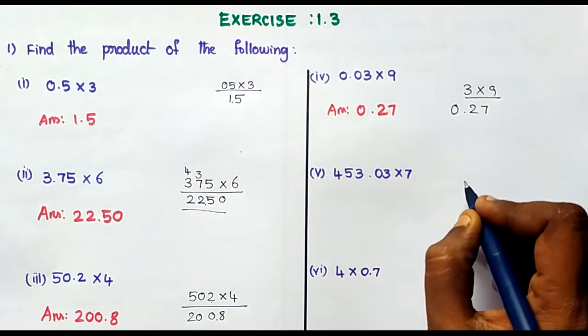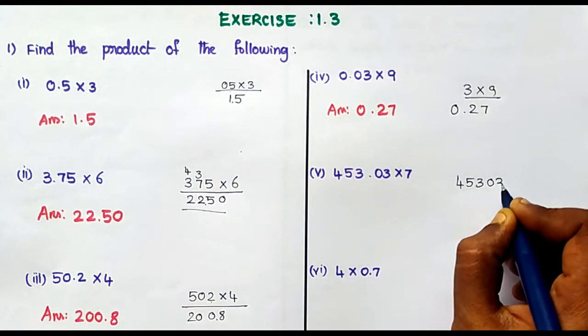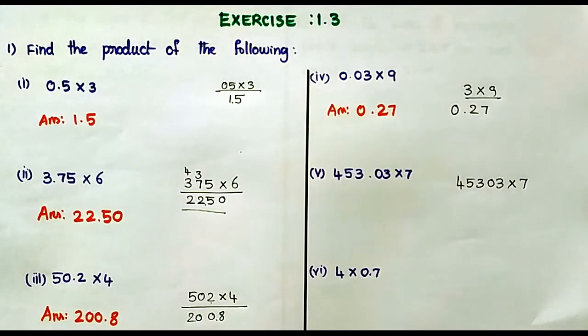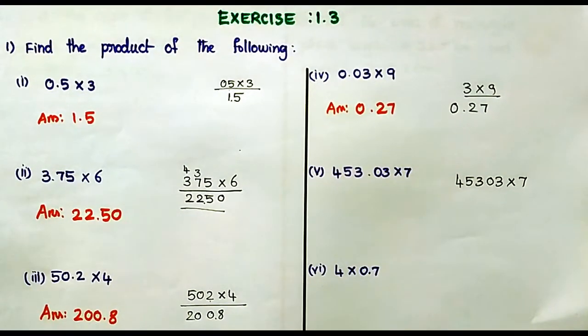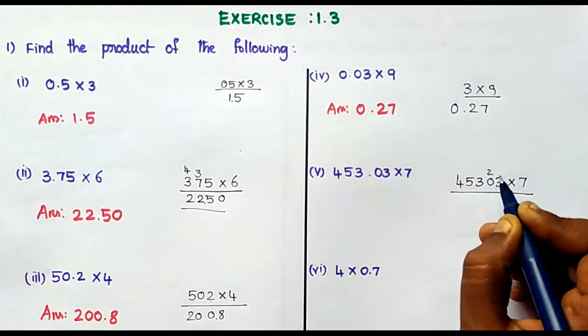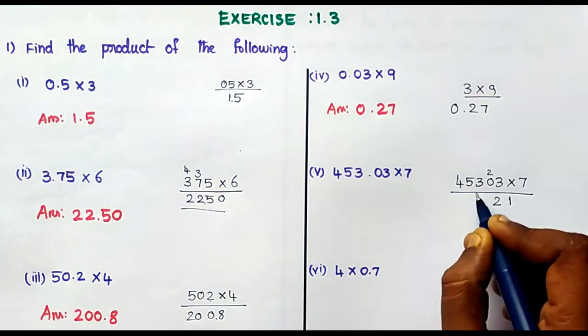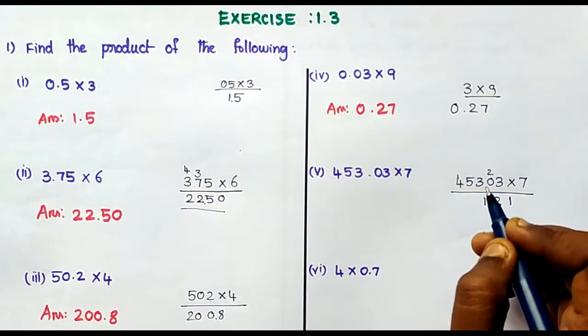Next one, 453.03 into 7. Write down the number without the decimal point. 3 7s are 21. Carry over 2. 0 into 7, 0, plus 2. 3 7s are 21.